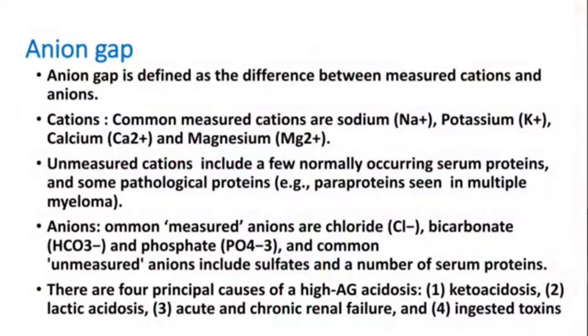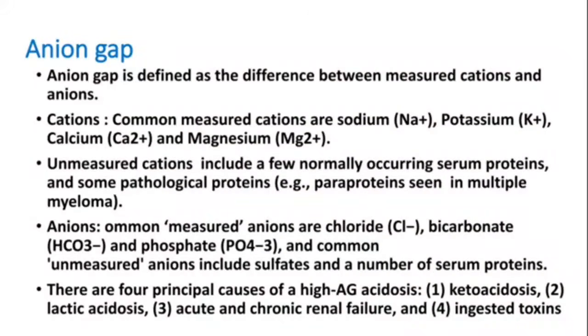Anion gap is defined as the difference between measured cations, that is done in our lab, and measured anions. Cations are sodium, the major cation, potassium, calcium and magnesium. So we measure all these, but sodium and potassium are the major cations.